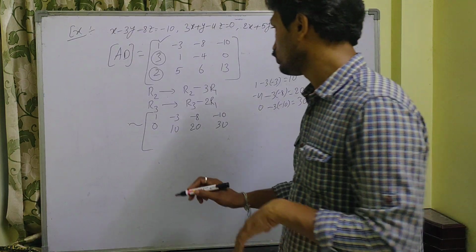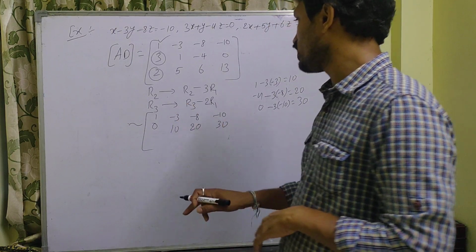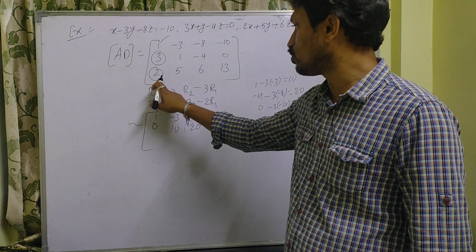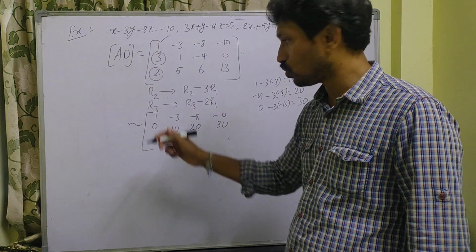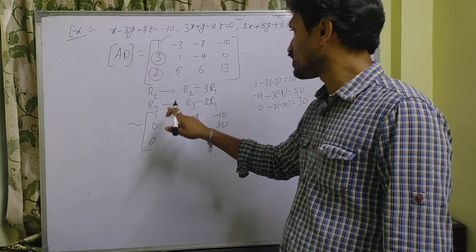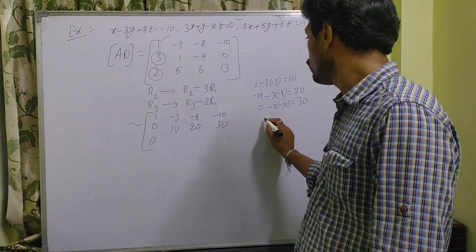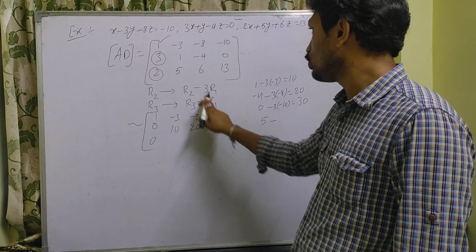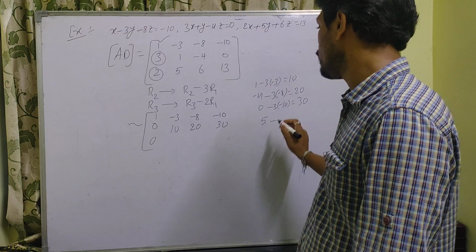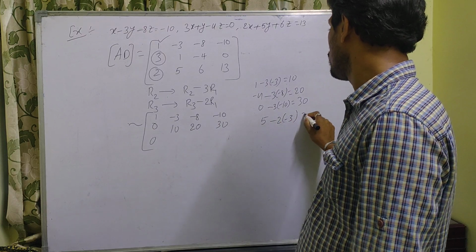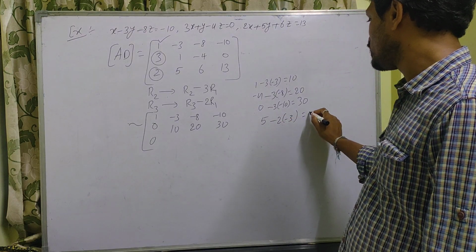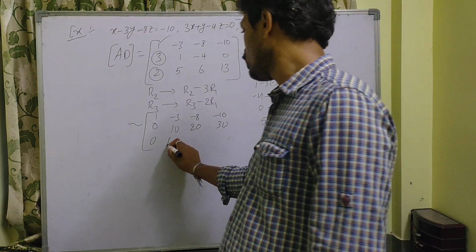Now go to the third row. So what is the operation? R3 minus 2R1. Also check it out. R3 means here 2 minus 2 into 1, 2 minus 2, 0. Next, R3 means here 5 minus 2 into minus 3, that is 5 plus 6, that is 11.